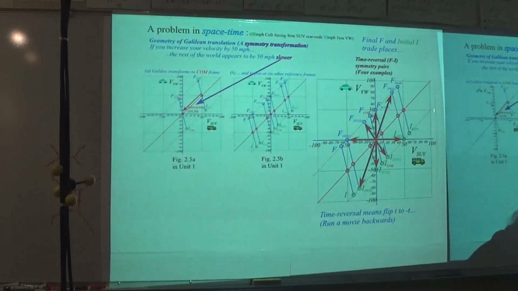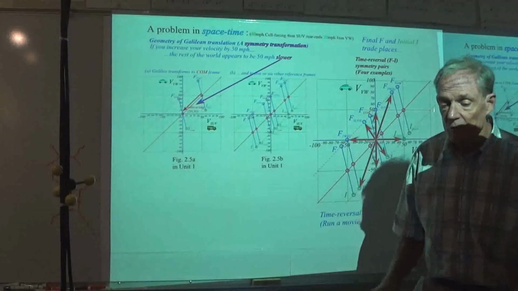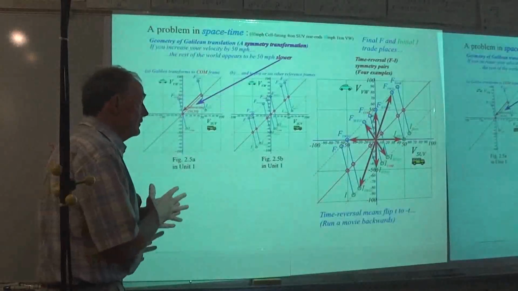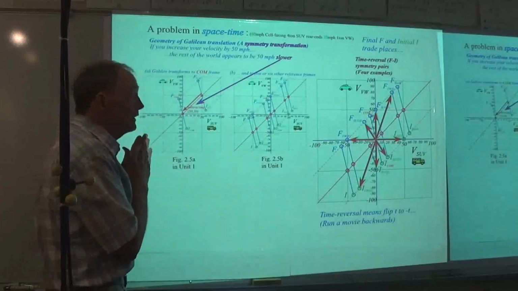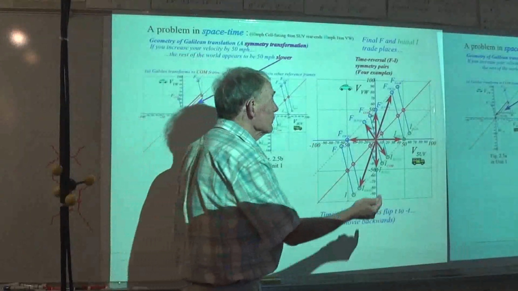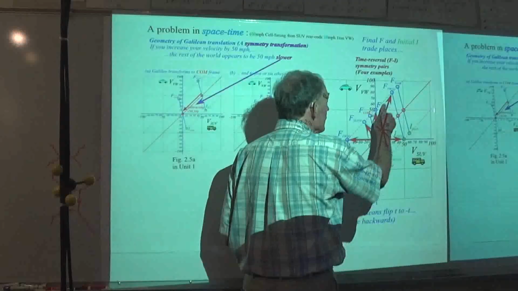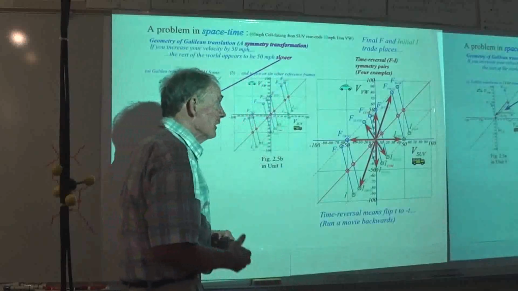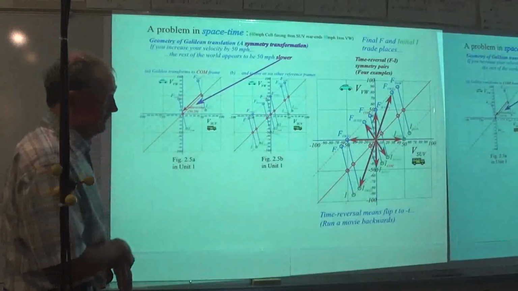So let me go ahead with that one right there, where we talk about the time reversal symmetry. Time reversal symmetry is where you simply say I'm turning all the velocities from whatever value they had to the negative of that value. That is, I'm going to reflect through the origin. That's an inversion operation on this crazy graph of VW versus SUV.